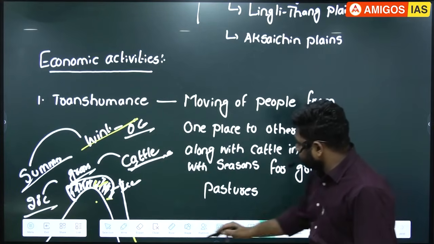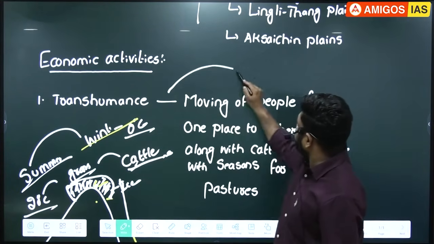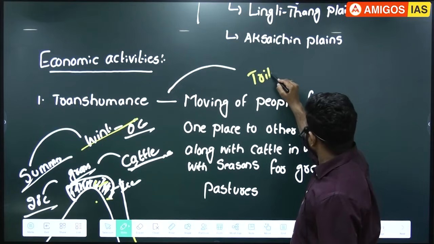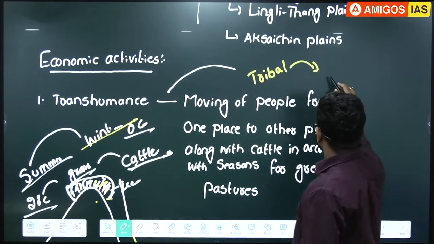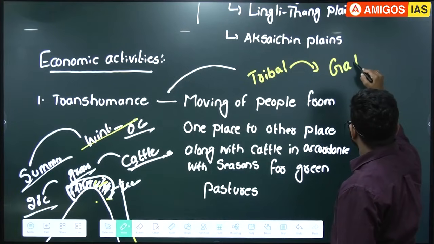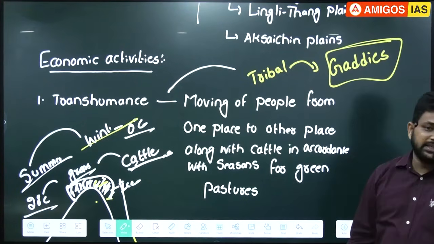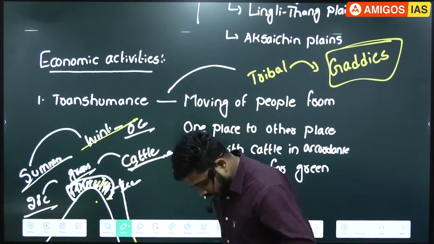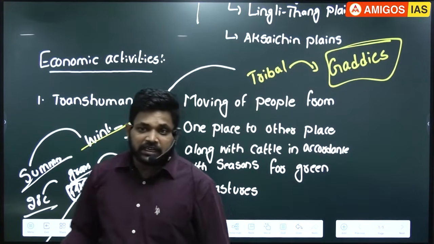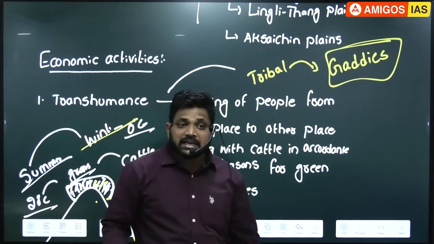This transhumance is exhibited by certain tribal communities. What is the name of the tribal community? Gaddis. Within Jammu Kashmir, there are certain tribal people called Gaddis.